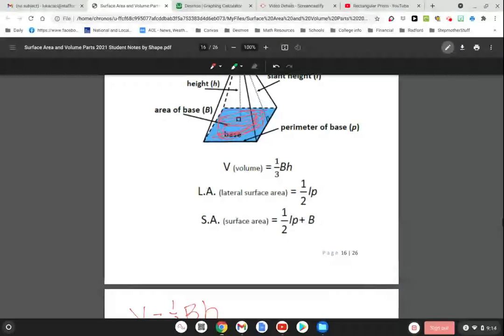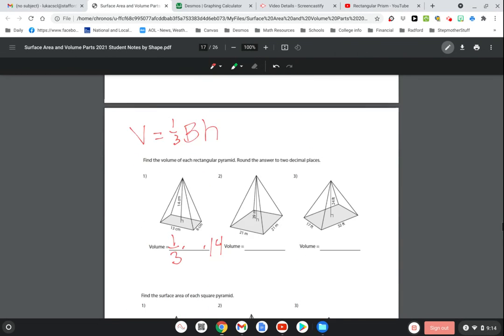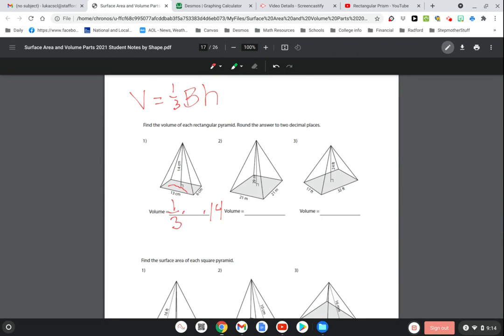So in our case, we have a rectangle right here, this area right here. And it looks like this. It's 13 by 6. So our area is going to be the B. And we have to remember, multiply length times width.